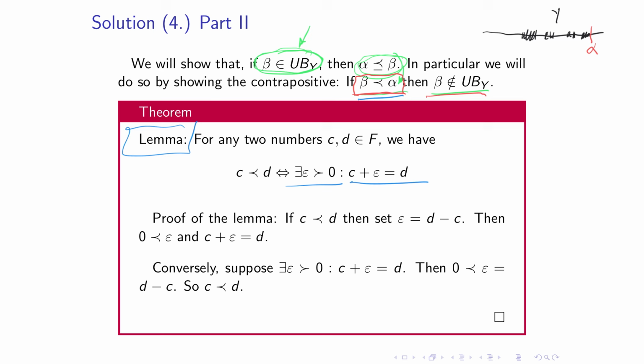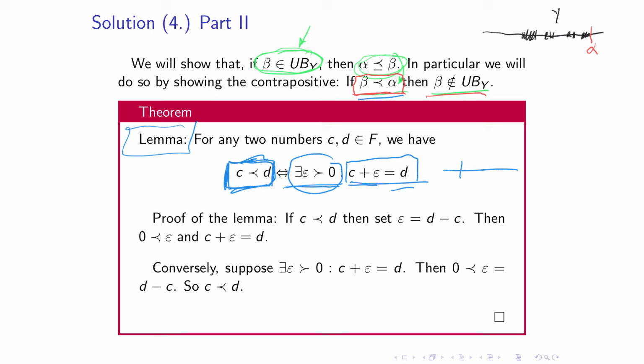Let's start talking in the language of this lemma. Whenever C is less than D, then there exists a positive number such that C plus that positive number is equal to D. In a way, this says, yes, C precedes D, but we can even introduce a precise quantification of how much it precedes D.